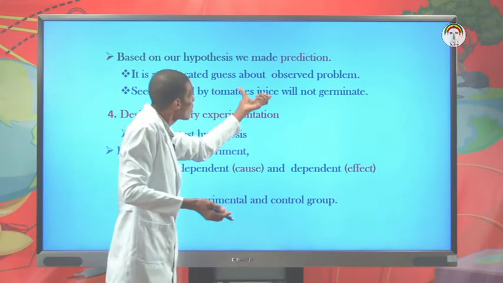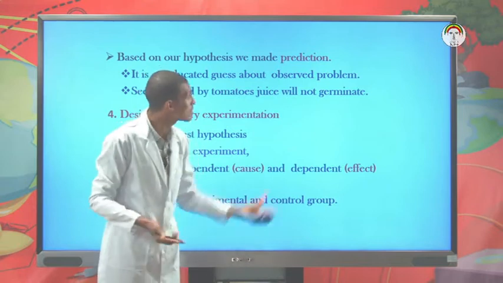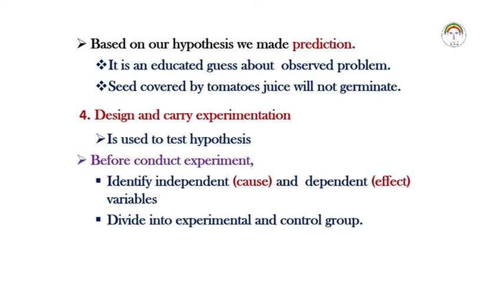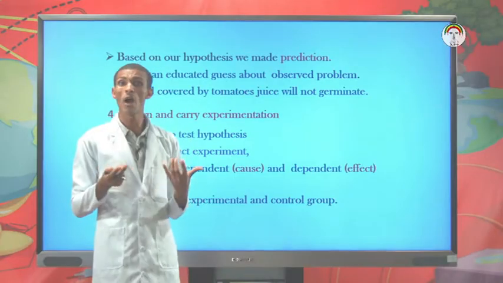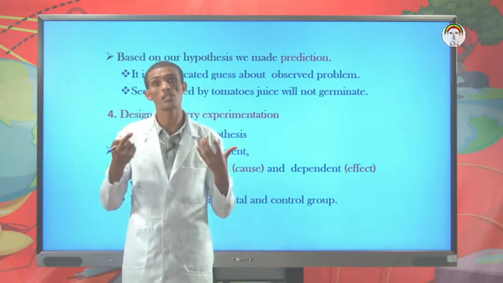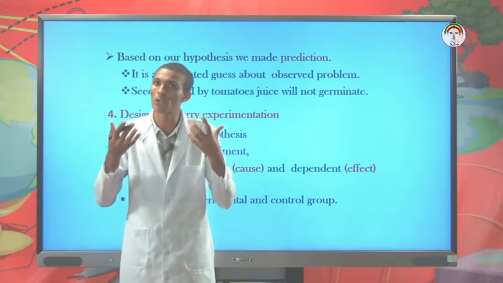We cannot conclude based on our prediction yet, because there may be another factor. We must check by experimentation. The main aim of our experimentation is to test whether our hypothesis is true or not, to accept our hypothesis or reject it.